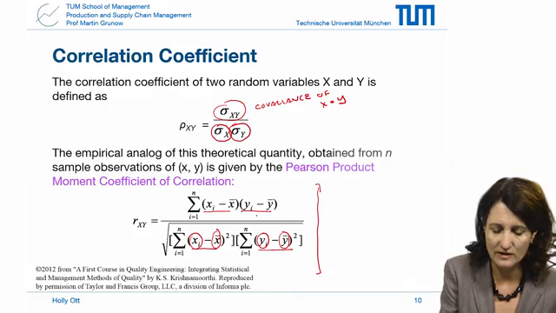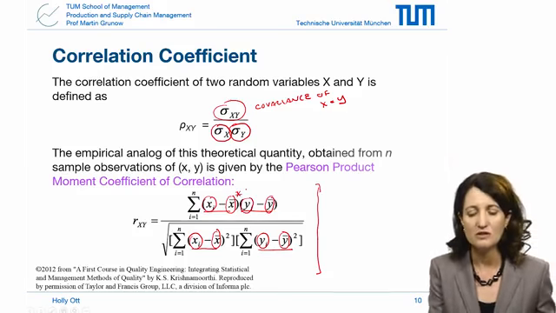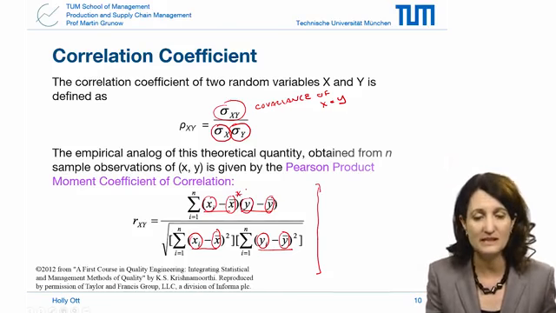Here, for the covariance, you're taking the difference of the average value of the x's from each value of x, and the difference of the average value of the y's from each value of y, and you're multiplying these two together. So it's sort of an intermediate step.